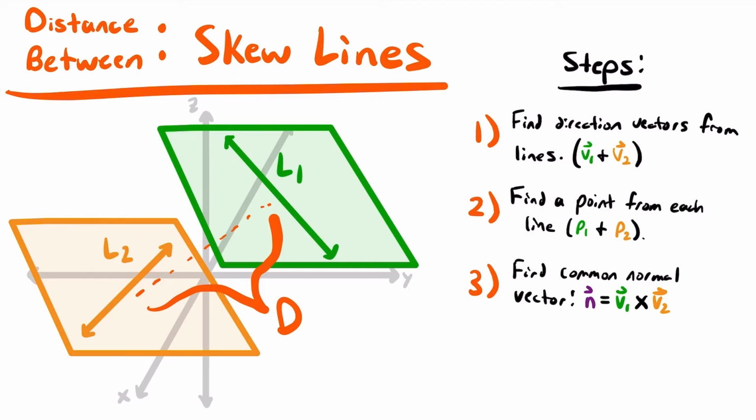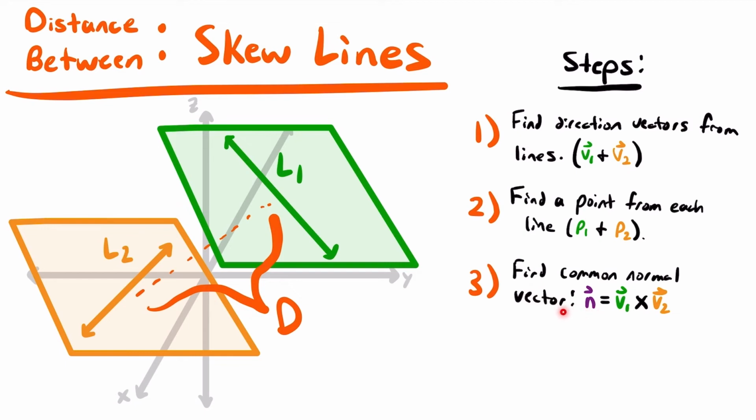And remember that in order to find the equation of a plane, you need two things. You need a point in that plane, and you need a normal vector. Right? We're going to need a normal vector for each of these planes. However, they are parallel planes, so they will share the same normal vector. And so we really only need to find one normal vector, which is what we call the common normal vector.